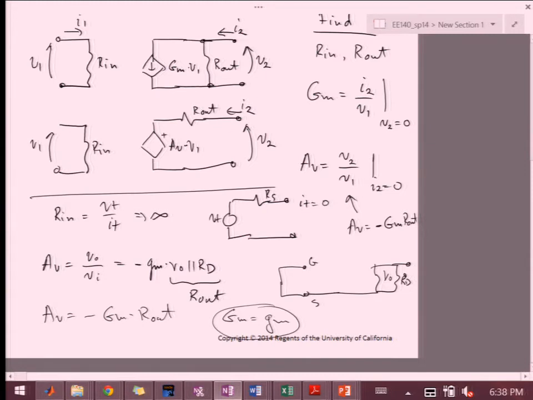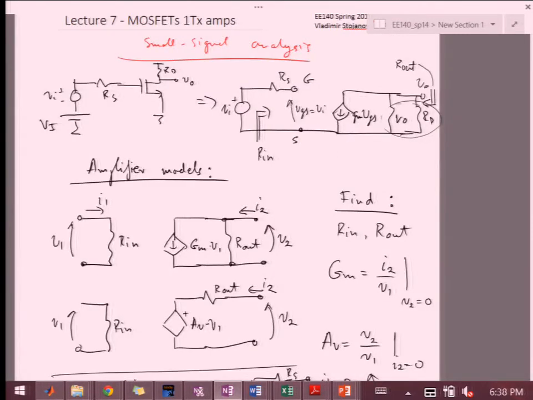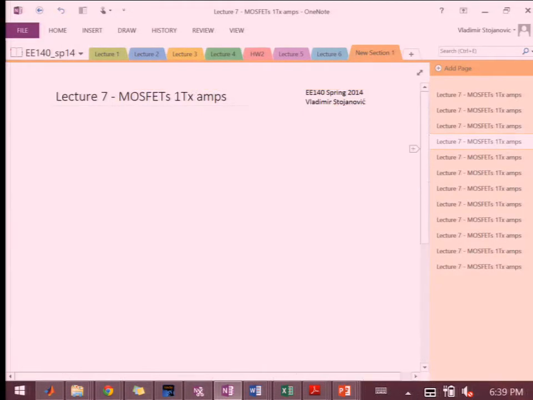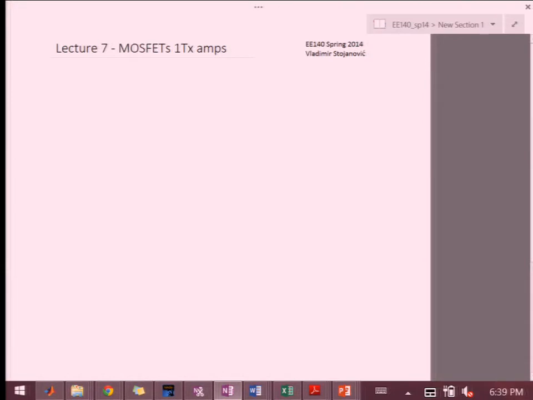That make sense? Okay, so now we've mapped the small signal parameters of this transistor into the parameters of the amplifier. So if I treated this whole thing as an amplifier, now I know how these parameters relate to one another.